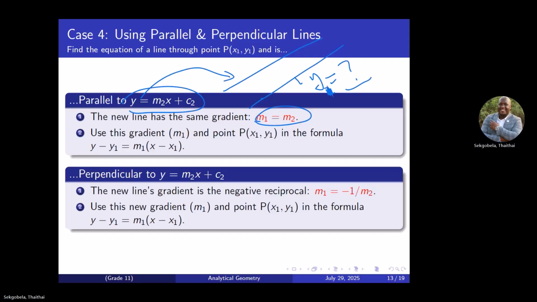Because we know that the gradients of 2 parallel lines are equal, the gradient will be that. Hence, you know one of the points on this line, you use it to find the equation of that line. Even if it's perpendicular, you apply the same technique.